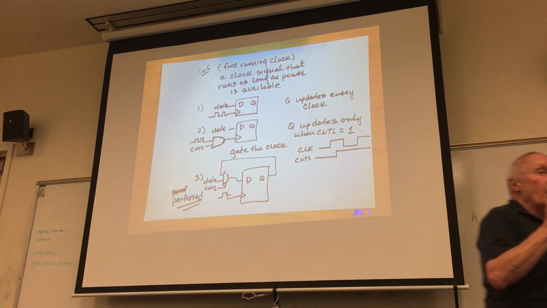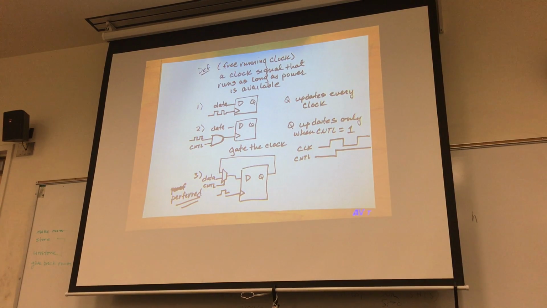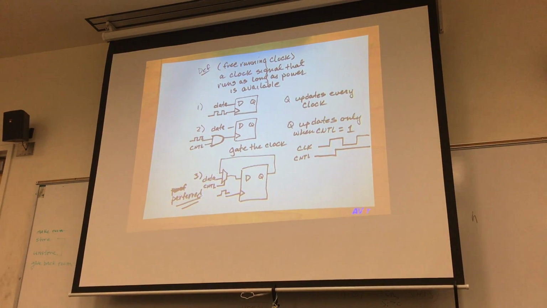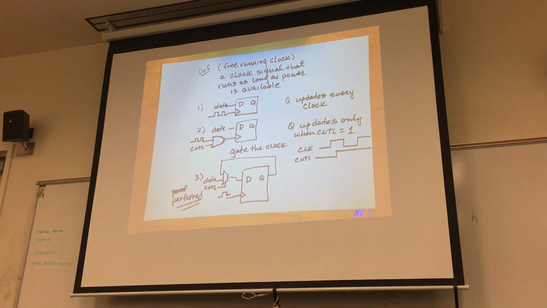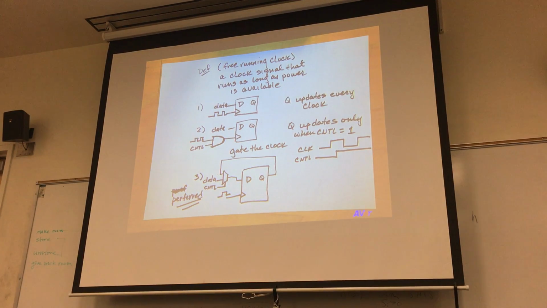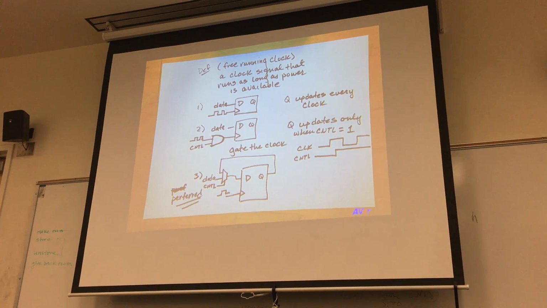Okay? So, if you need to control when a register will respond to a free running clock pulse, that's the preferred solution, is to have a multiplexer driving the input and have feedback.